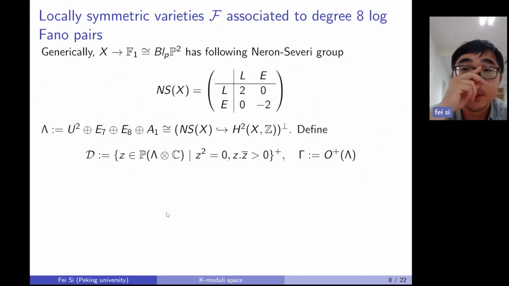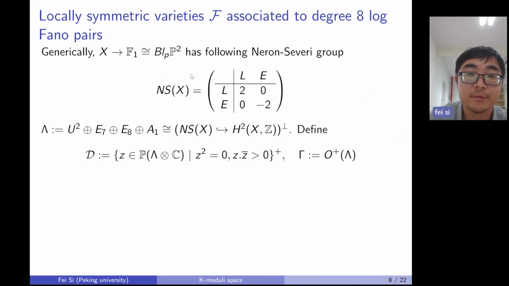Now we turn to the Hodge theoretical side, more explicitly in our example. If you consider the double cover of our del Pezzo surface of degree 8, then you can compute its Picard lattice very explicitly.